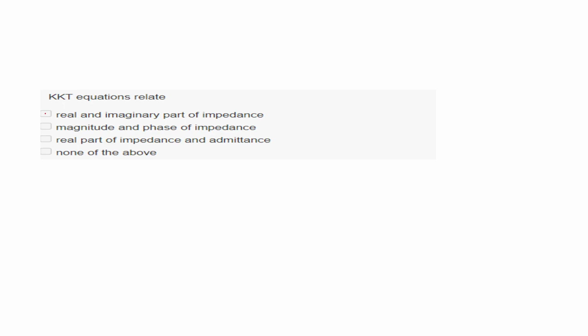It can convert from real to imaginary, and from imaginary to real. Is that all? Any other? It can also relate the magnitude and phase of the impedance. So please check if it is a multiple select or single select option. I'm not sure if partial marking is there, so you may get it wrong if you attempt only one of the correct answers.